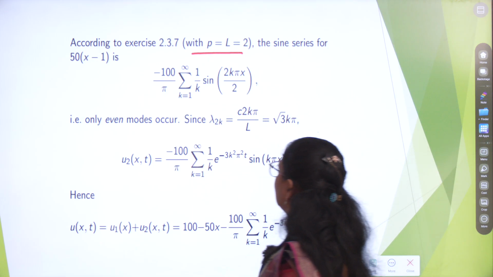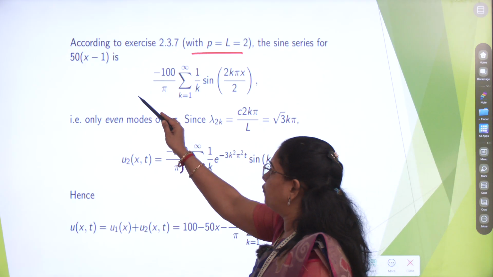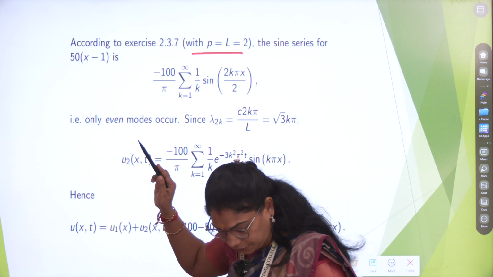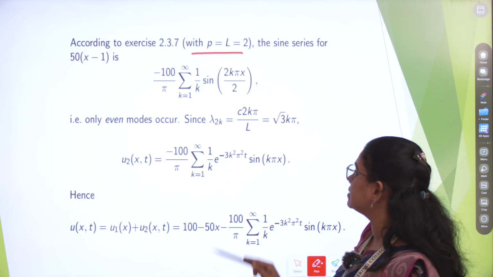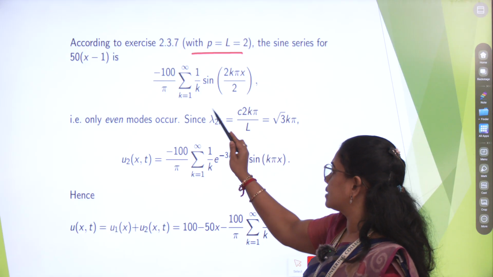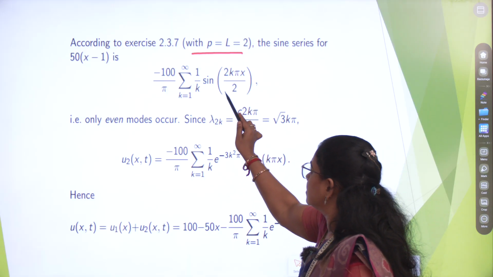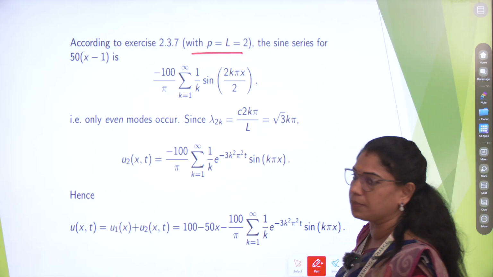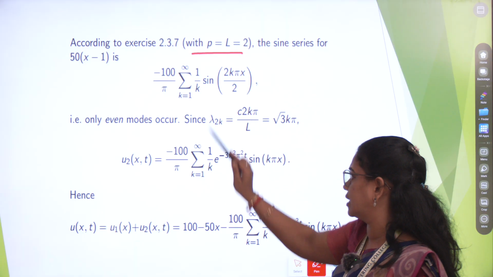With P equals L equal to 2, the sine series for 50 into x minus 1 is minus 100 by pi summation k equal to 1 to infinity 1 by k sine of 2k pi x by 2. It is the sine series condition of 50 into x minus 1.